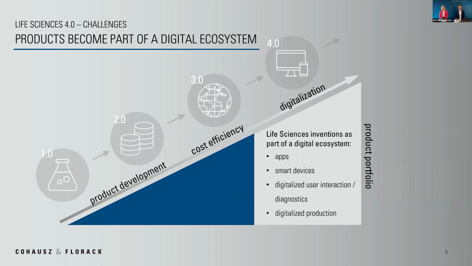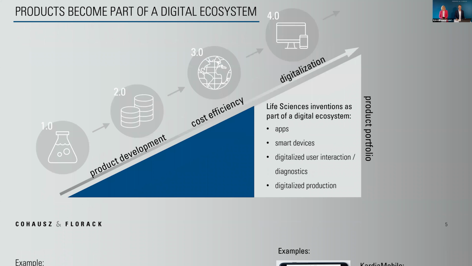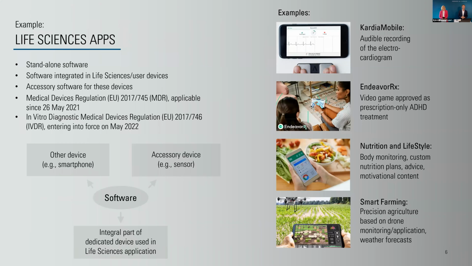So on to the next slide. So to pick this example of the apps, we have here on the left-hand side shown how such apps might utilize software aspects, and in which you might be interested in getting a patent protection for such digitalized or software aspects.